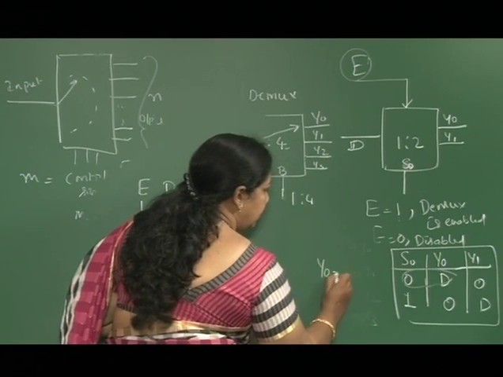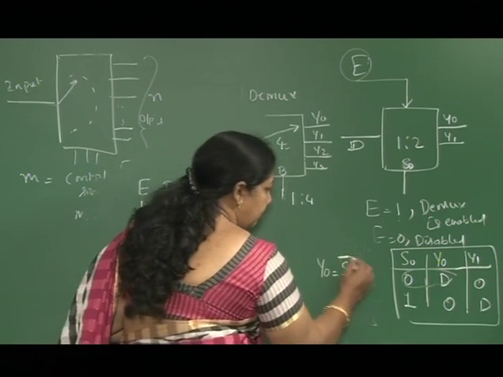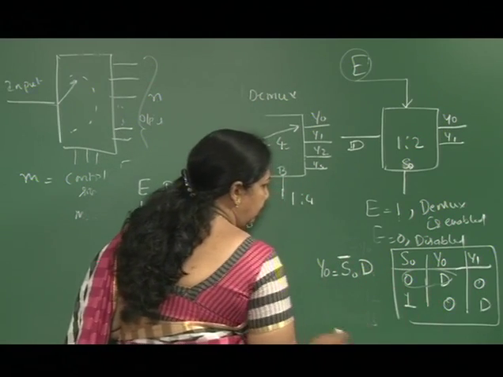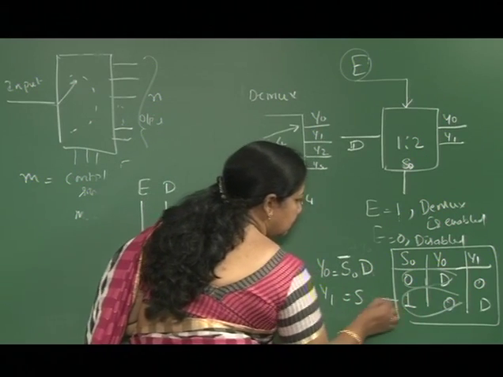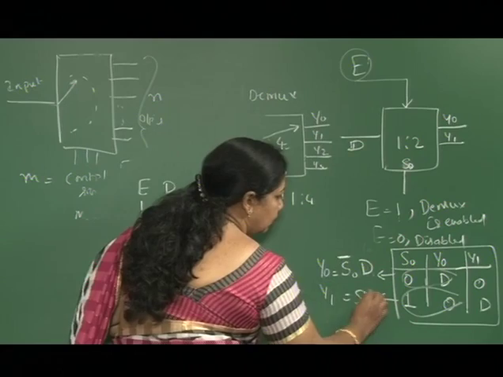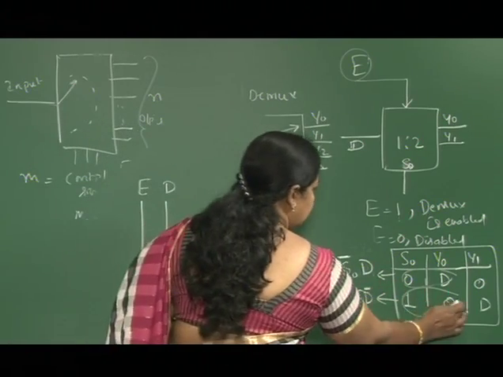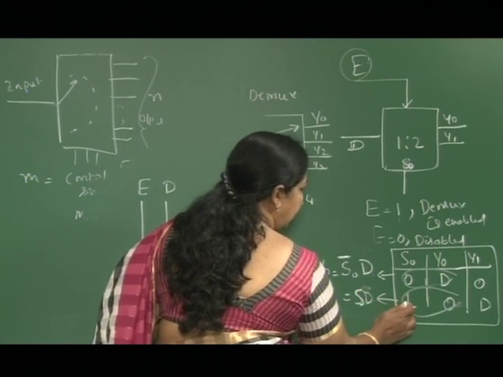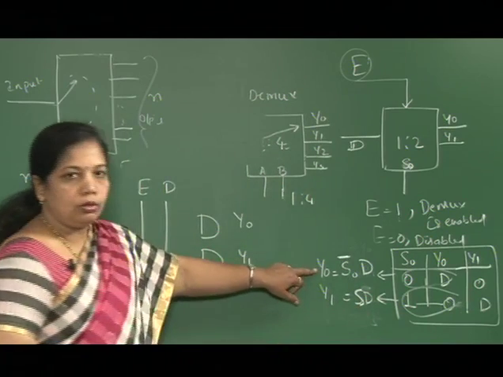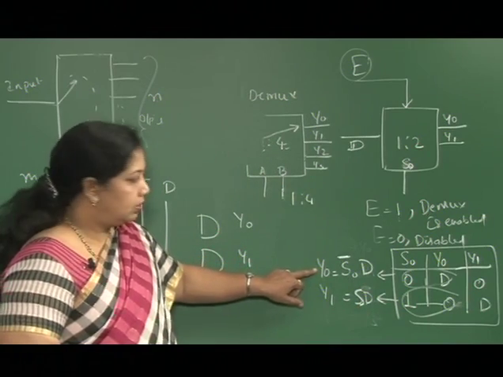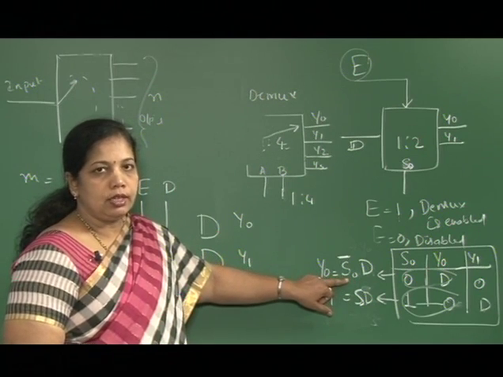Y0 can be written as S0 bar, S0 complement, into D, and Y1 is written as ES, sorry, S and D. So Y0 is the output, where I can write this equation using an AND gate.